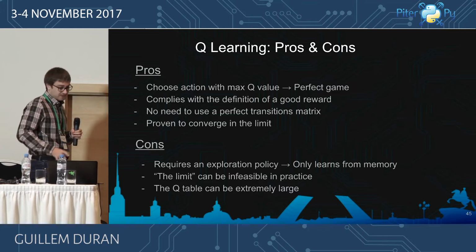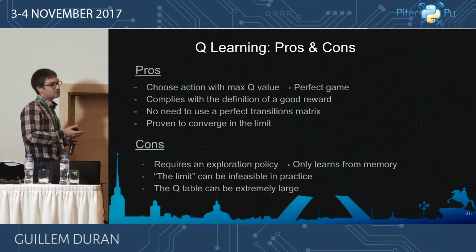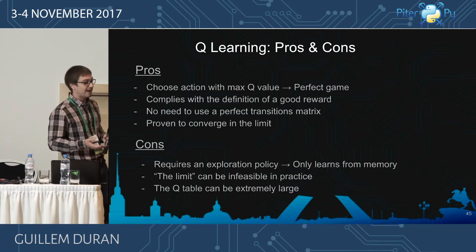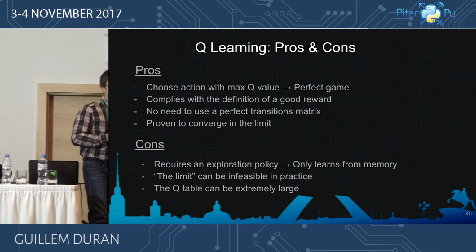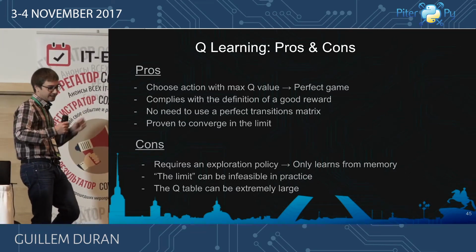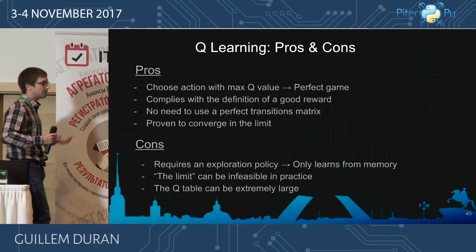And of course, this is solved at the cost of introducing new parameters, because now you are relying on your exploration policy, your discount factors, and how you're weighting your new values against the old ones.